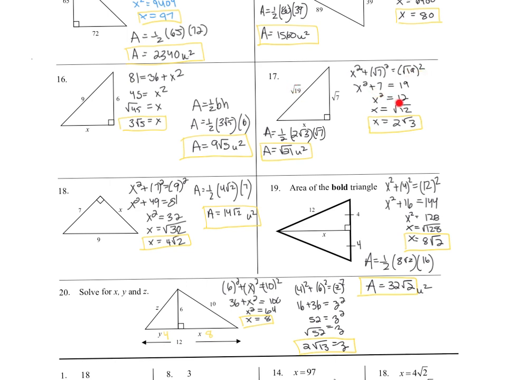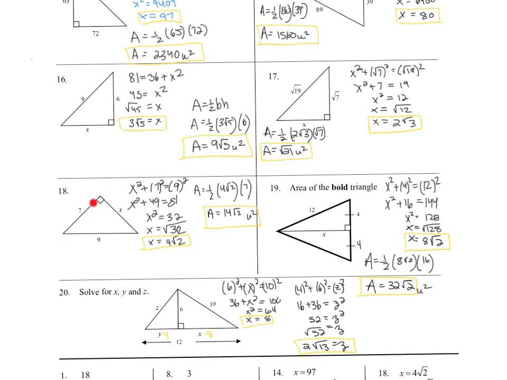And so when we subtract that 7 from both sides, we're going to end up with the square root of 12, which is 4 times 3, which gives us x equals 2 times the square root of 3. Looking at the area then, it's going to be 1/2 the base, which we found to be 2 times the square root of 3, times the height, which is the square root of 7, and that is going to give us the square root of 21 units squared.